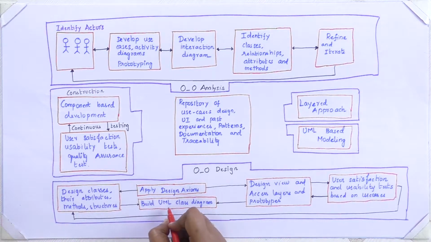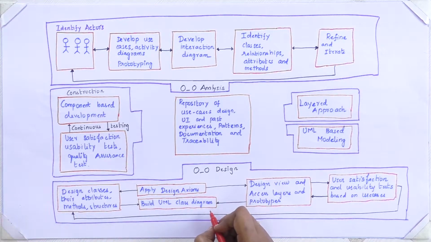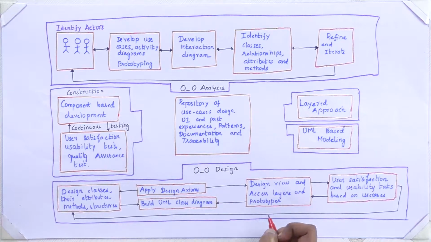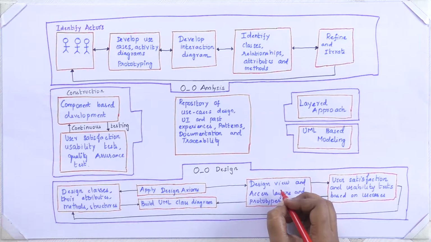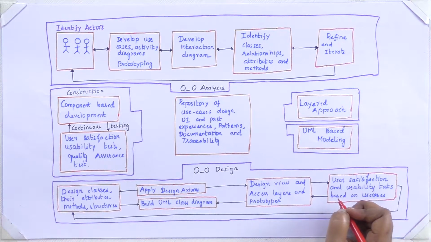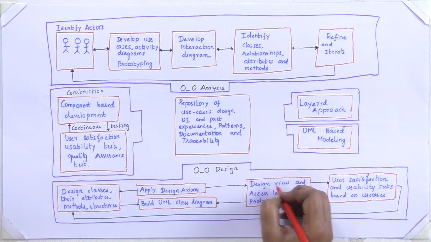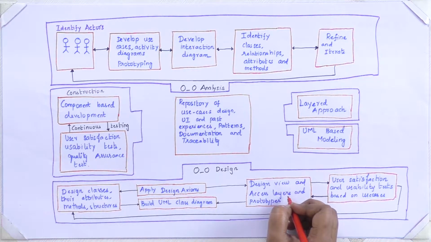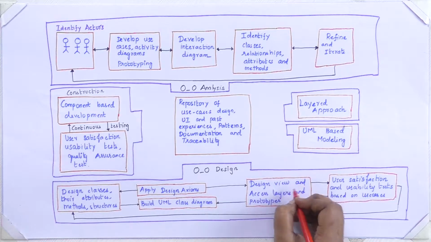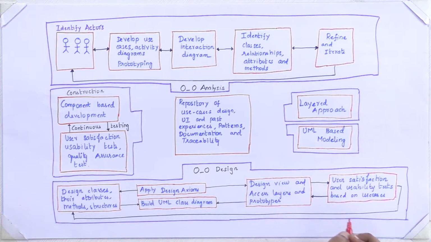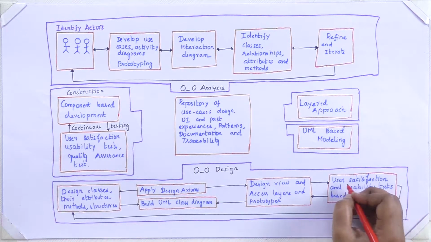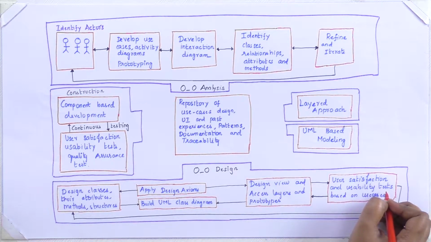After creating the UML class diagram, you will be designing the view and access layers and some prototypes, and then developing the user satisfaction and usability test based on the use cases.